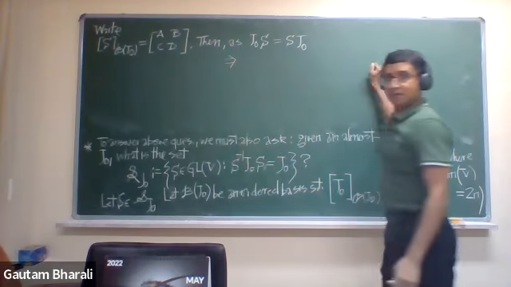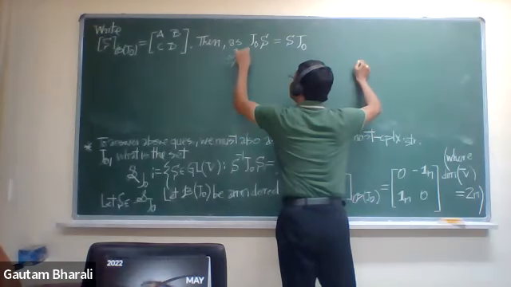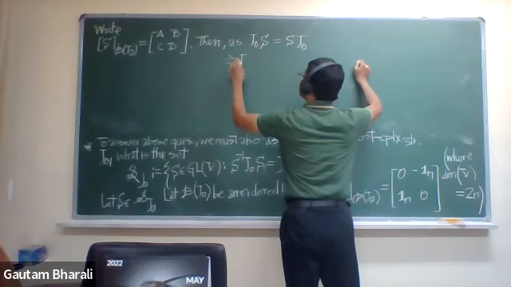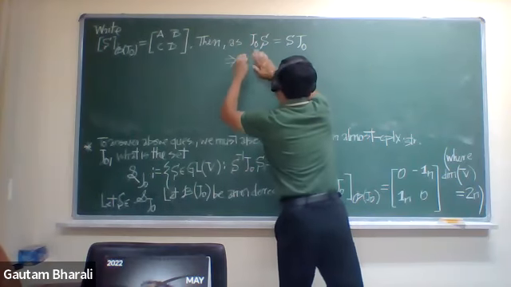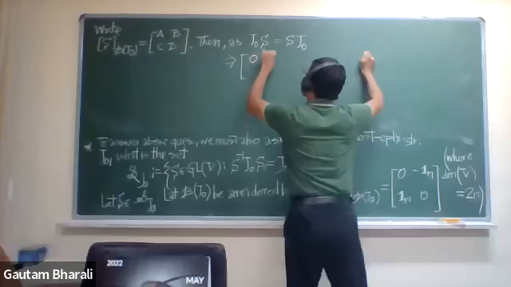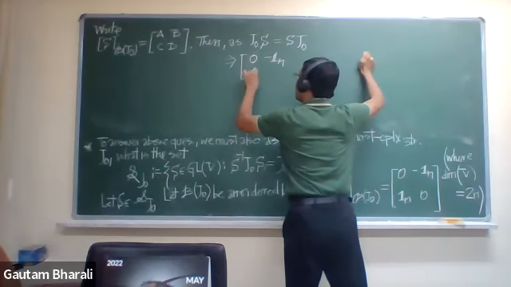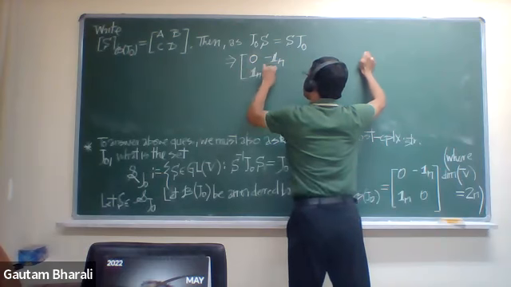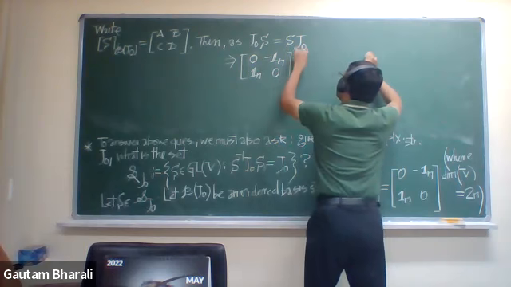So you see the fun thing that's happening, where this is going. So J naught has the matrix representation 0, minus 1n, 1n, 0.